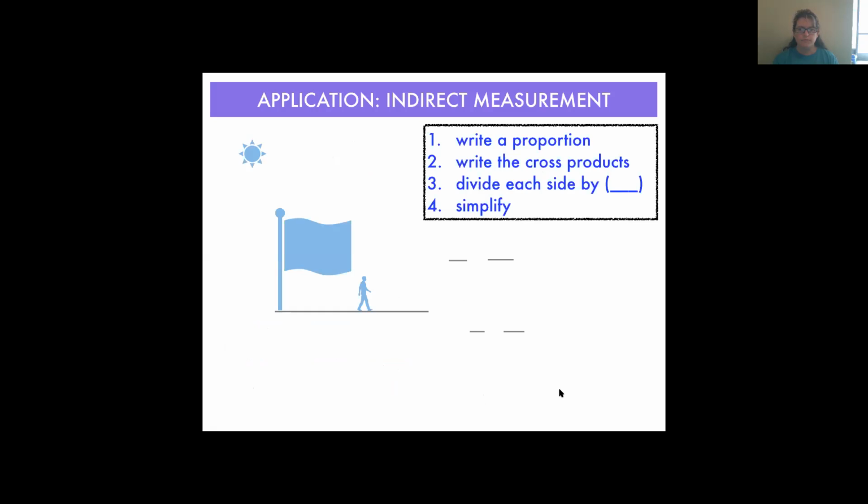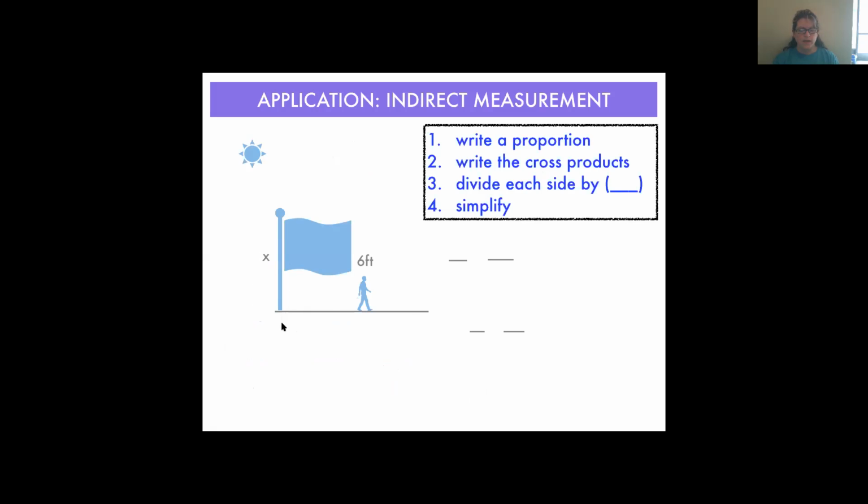Okay, so the second part is application. So if you have a flag here, we don't know how tall the flag pole is, and I want to know how tall the flagpole is. And this person walking is 6 feet tall.